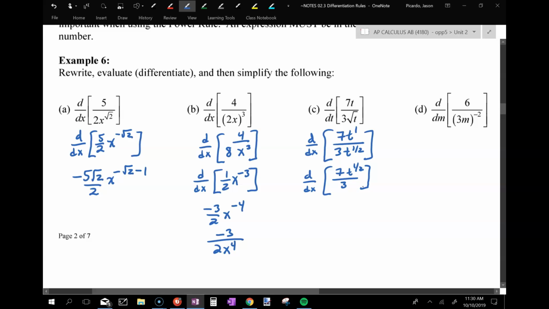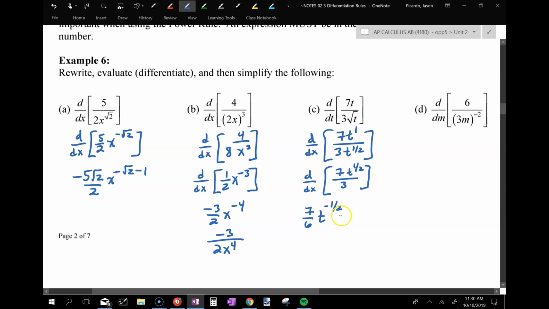And now we can take our derivative, right? So it's going to be 1/2 times 7/3. And then subtract 1/2. I'm sorry, subtract 1 from the 1/2, right? So there's my derivative. But again, not going to see it written like that, are we?